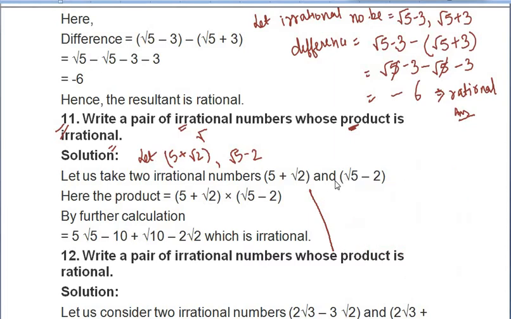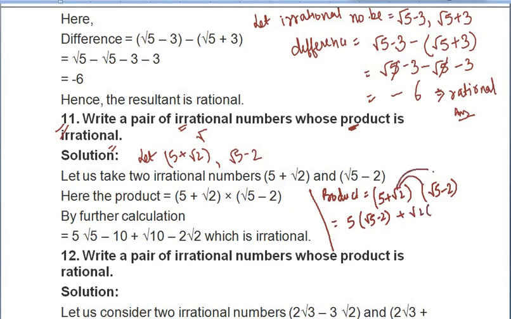Here is a mistake in the product. So here again we will find out the product. It is 5 plus under root 2 and it is under root 5 minus 2. So first we will multiply 5 with under root 5 minus 2 and then plus under root 2 will multiply with both, under root 5 and 2.